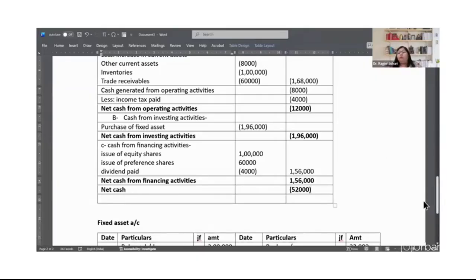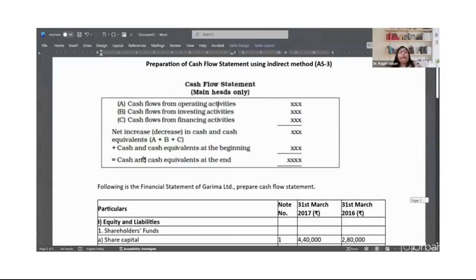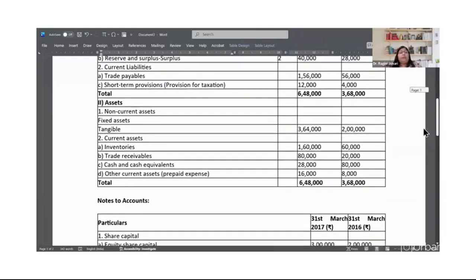Okay. Now, in this, what do we do? Then cash and cash equivalents at the beginning are added. So let us see how much cash and cash equivalents we had in the beginning. That is the end of last year, which is the beginning of current year.